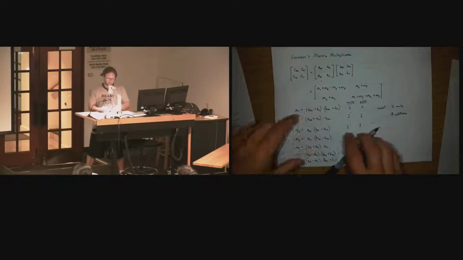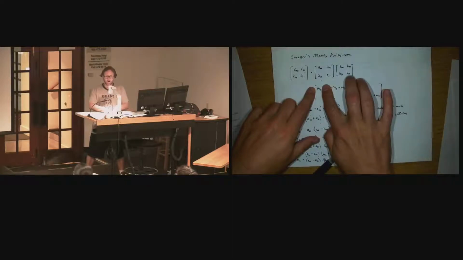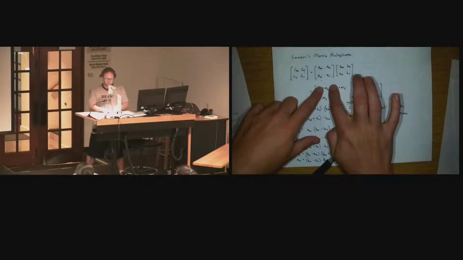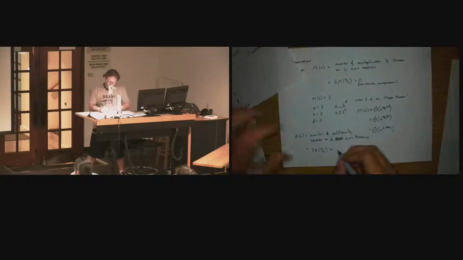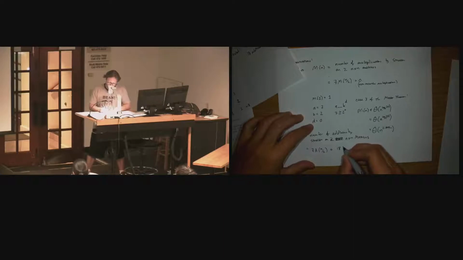Each is an n divided by 2 by n divided by 2 matrix, and when you add 2 matrices together, you add each component together. So we're going to end up doing 18 additions on n divided by 2 squared entries. This is the number of entries, and this is the number of additions or subtractions.